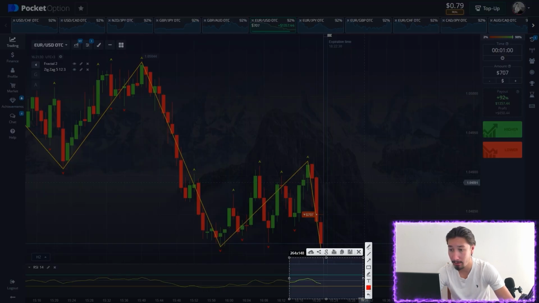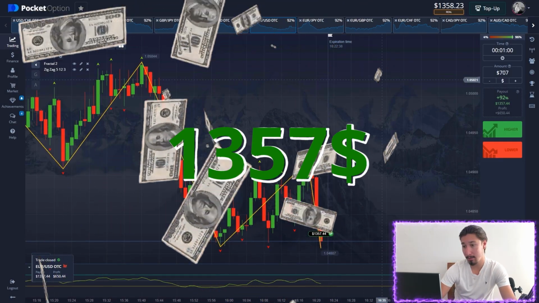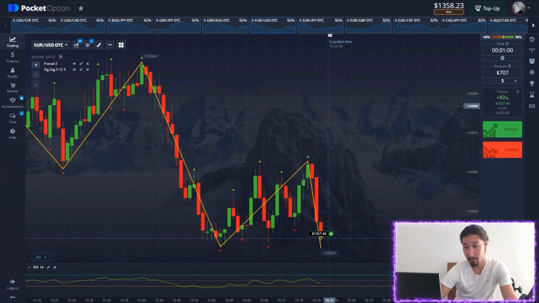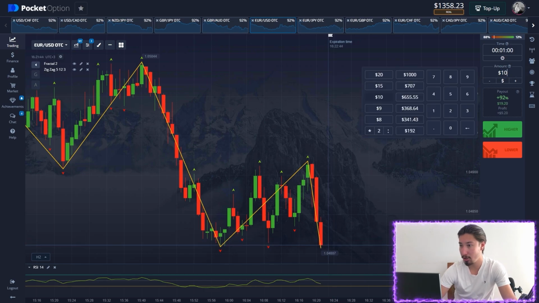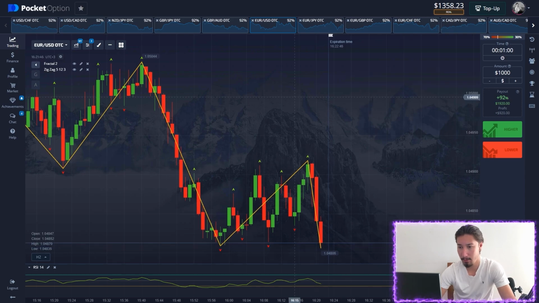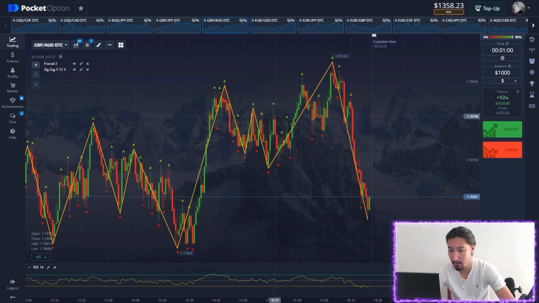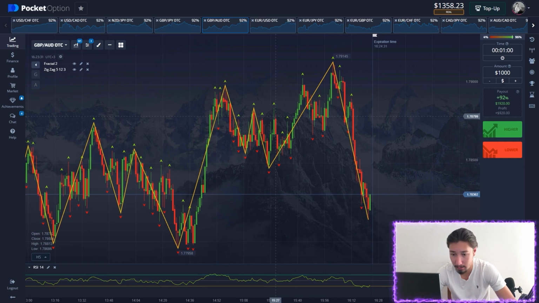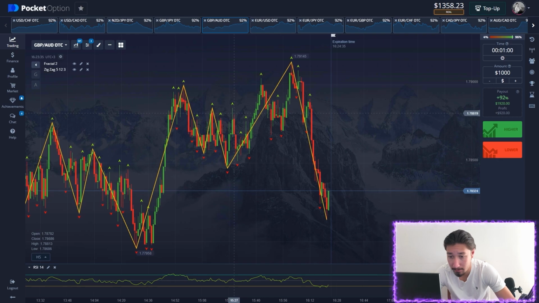So we opened with the downward trend, and as you can see the outcome, nice. On the RSI, the moving average was close to the oversold zone, exactly as we predicted. So let's change the amount. There we go. All right, we get almost 1,400. Let's see for another entry.